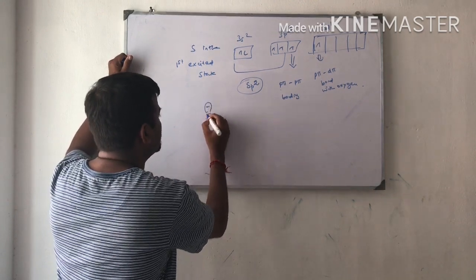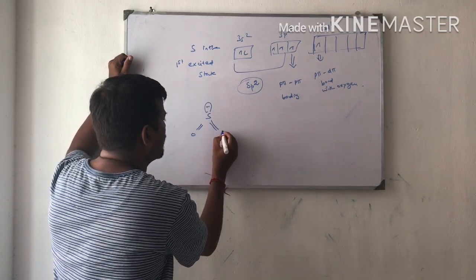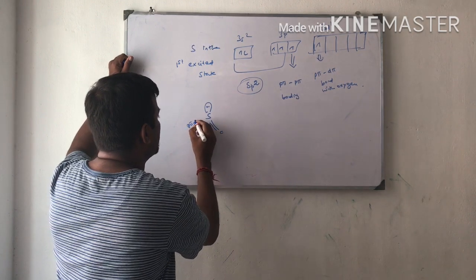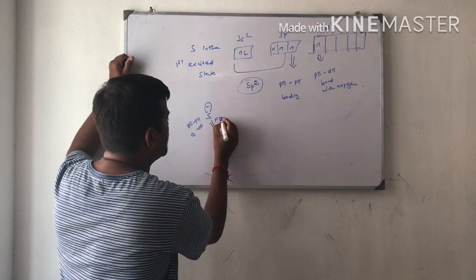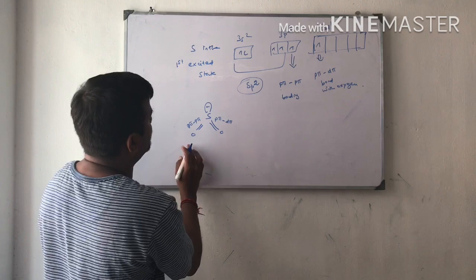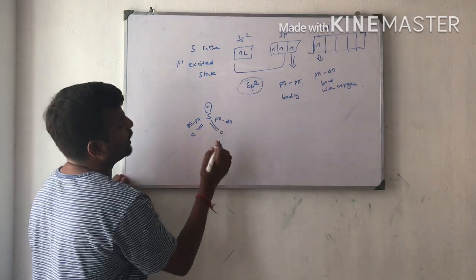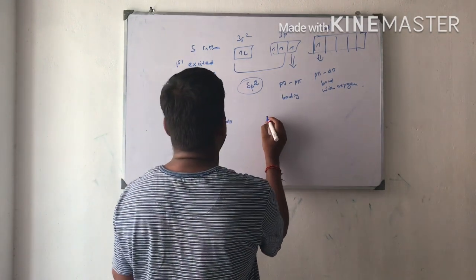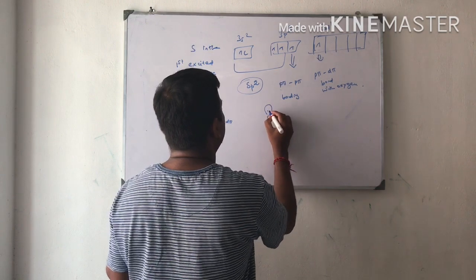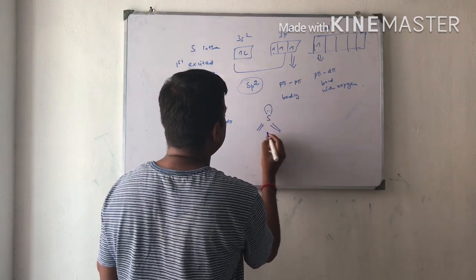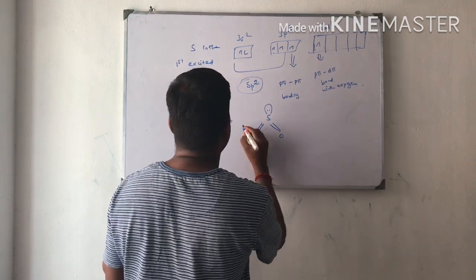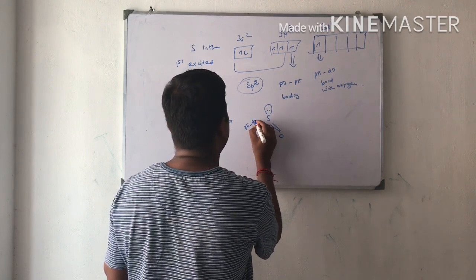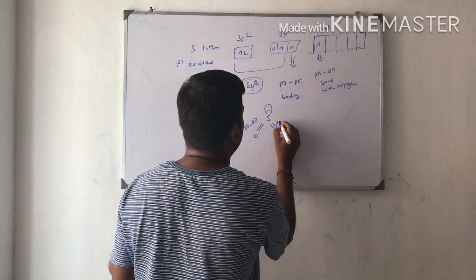Sulfur in this case forms this type of bonding. This is p-pi bond, and this is p-pi d-pi bond. So p-pi double bond, p-pi d-pi double bond is formed, and we can write like this also.